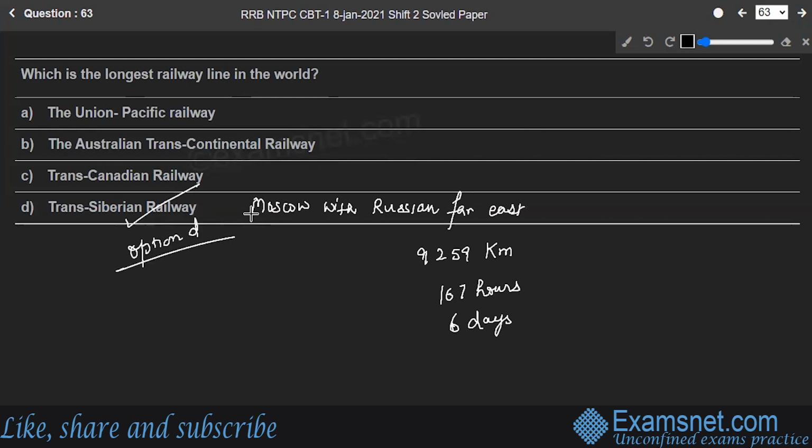This railway also played an important role in World War II in supplying the powers fighting in Europe. It also transported Soviet troops west from the Far East to take part in the Soviet counter-offensive.